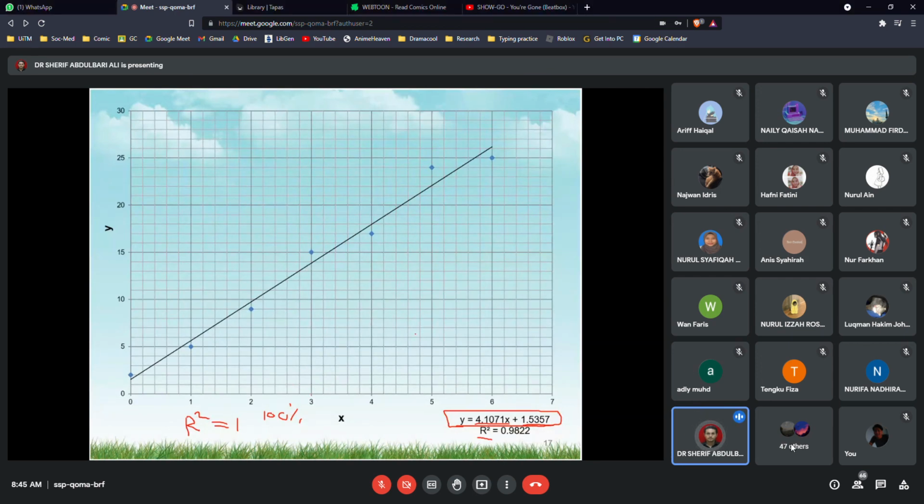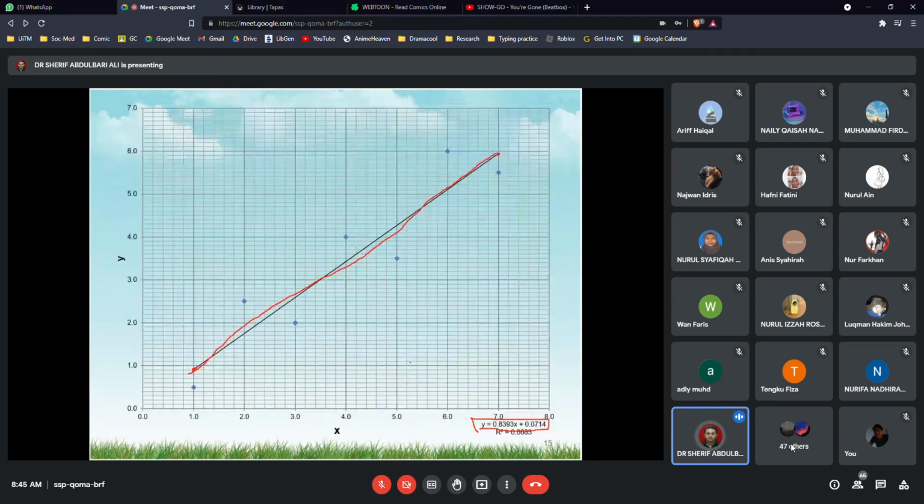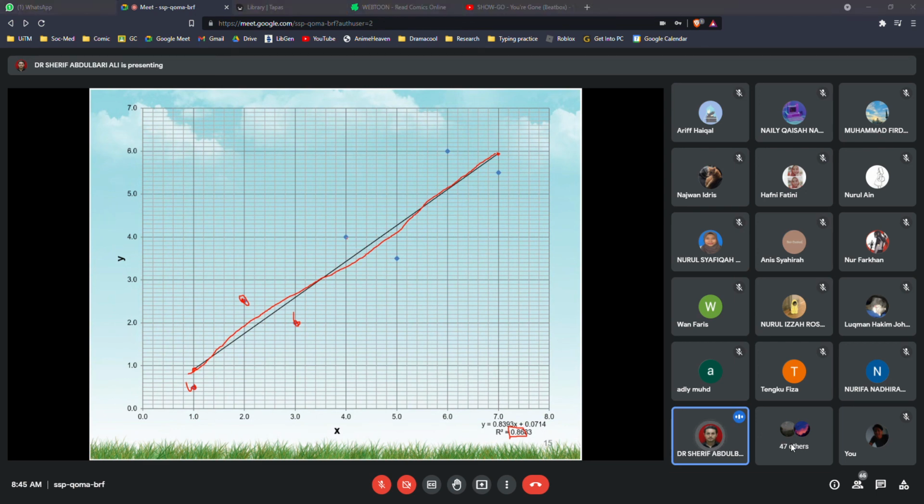If you compare this figure with the previous figure, in the previous figure the value of the r square is 0.8. When you look at the data, the line is not close to the values. There's a distance between the dots and the line.